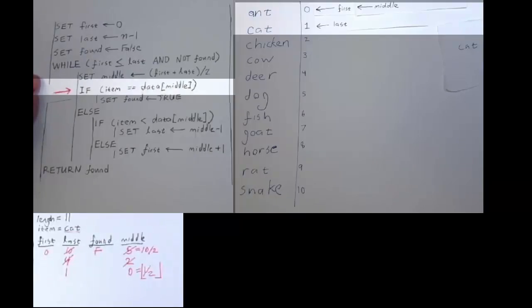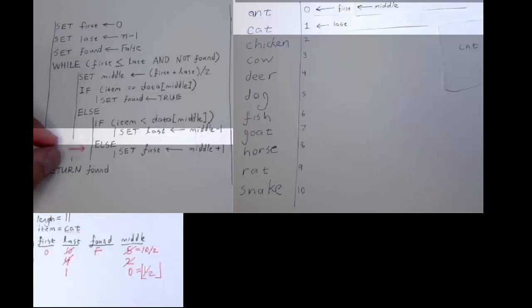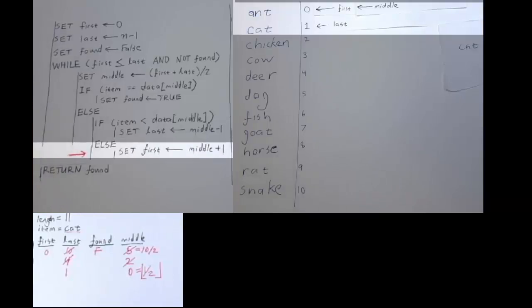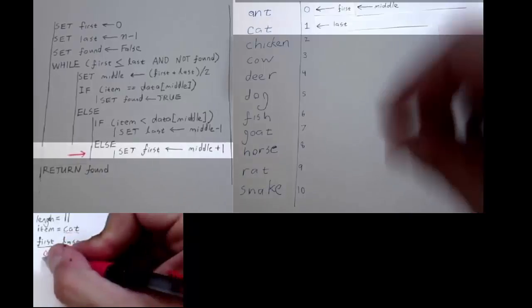If item equals data middle, does cat equal ant? It does not. So we skip that. Else, if item is less than data middle, is cat less than ant? Does cat come before ant in alphabetical order? It does not. So we skip that and we go to the else block. We set first to middle plus 1.